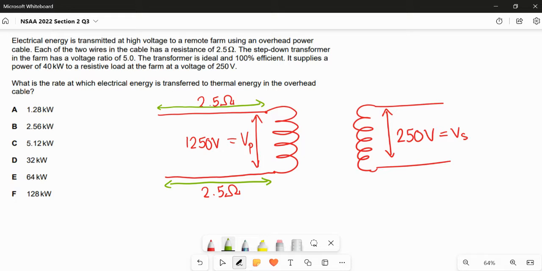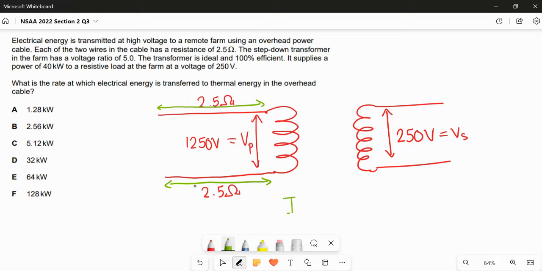So if we can work out a current in the primary circuit, we can multiply this to get I squared R, and then multiply this by 2 to get the power. Because we can work out the current, and then if we use current times resistance, we could get V, but it's easier to just sidestep this and just use I squared R, because we know the current and we know resistance. So there's no point really working out whatever voltage is dropped, as we can just use that equation, I squared R.